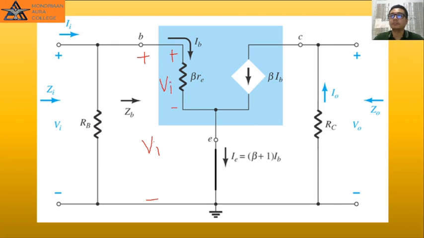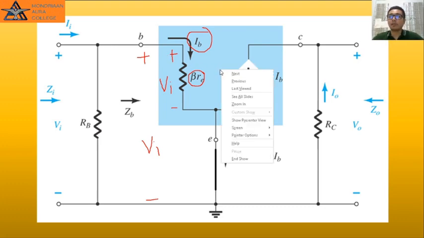Alright? So, kaya ang formula natin for V sub I is I sub B times beta R sub E. And as you notice, na pumasok yung kuryente sa positive polarity ng input voltage, that's why we have a positive equation for that.